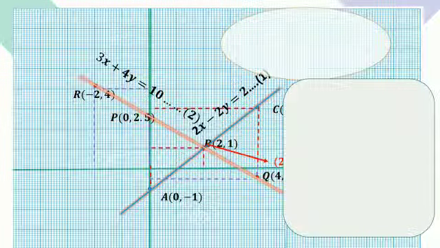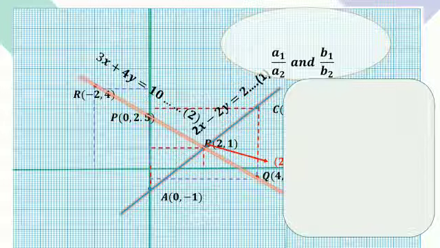So check for a1 by a2 and b1 by b2. Let us check. a1 is 2, a2 is 3, so 2 by 3. b1 is minus 2, b2 is 4, minus 2 by 4, that is equal to minus half. So we can conclude that a1 by a2 is not equal to b1 by b2.